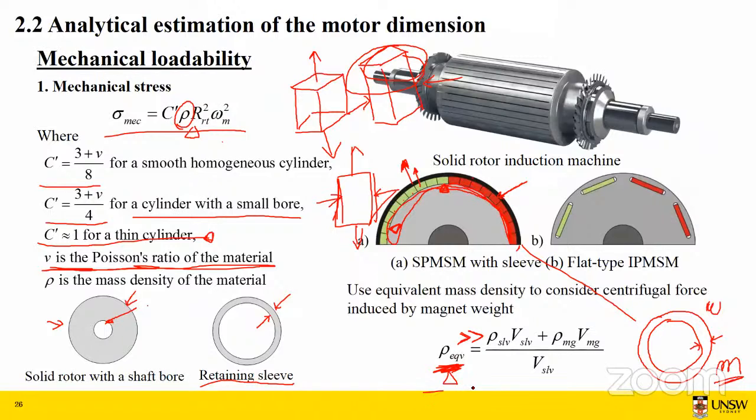So we need to use this equivalent mass density in this equation to estimate the mechanical stress acting on the sleeve.